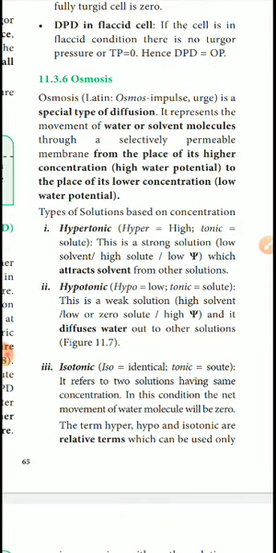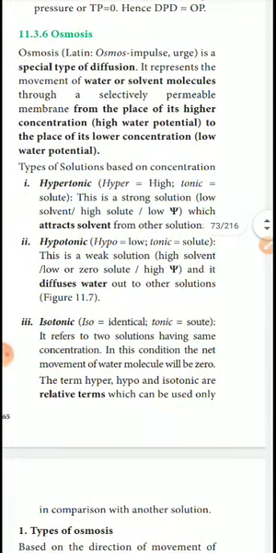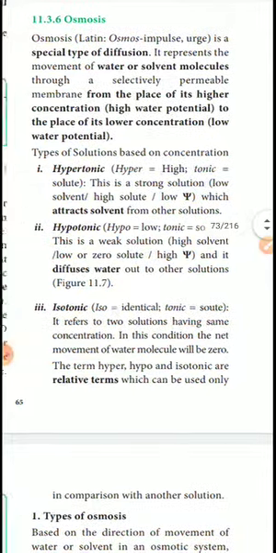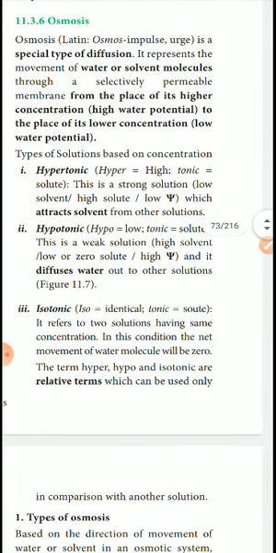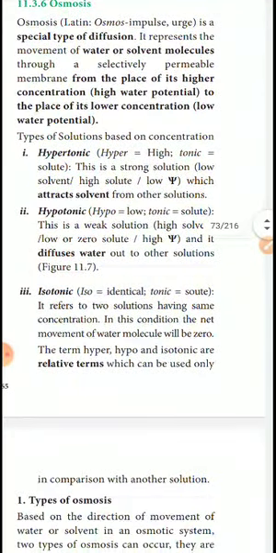And the hypotonic diffuses water out to the other solution. So this is very important. Next, isotonic. So we can use a water filter in our home. With this method only the water filter works and we can get pure water.